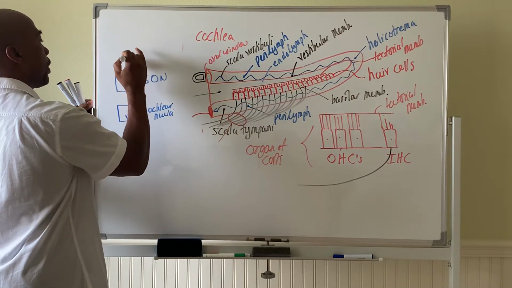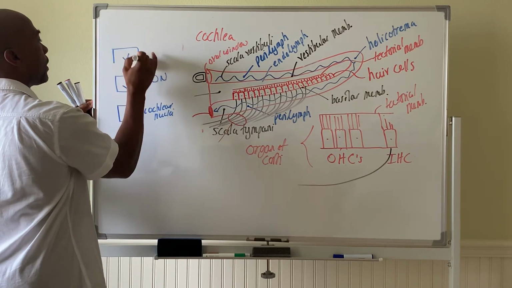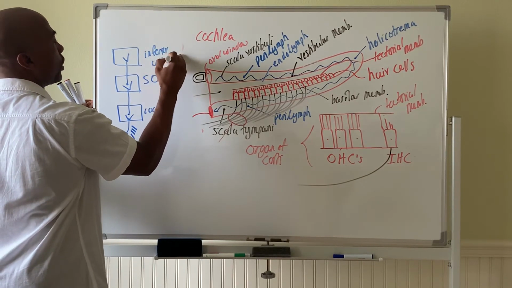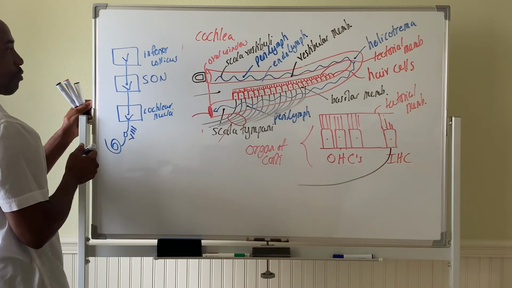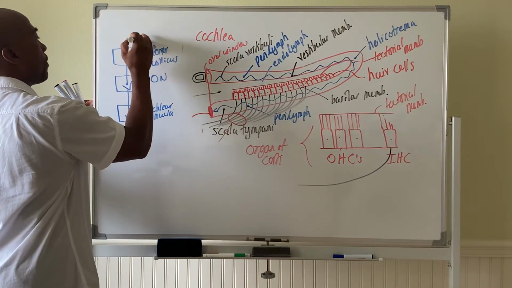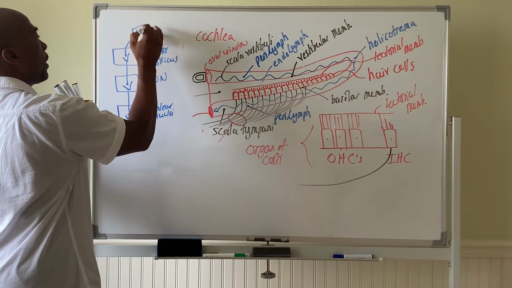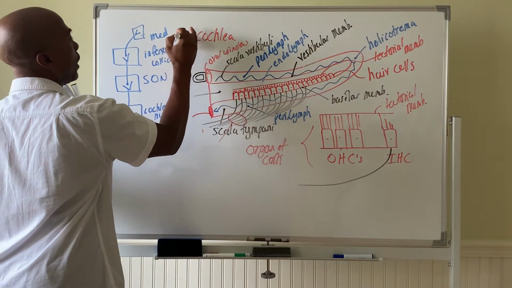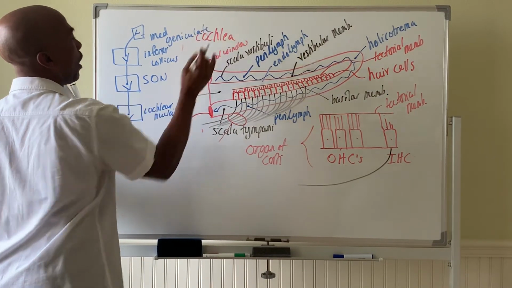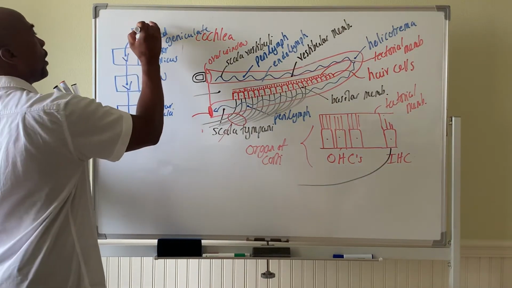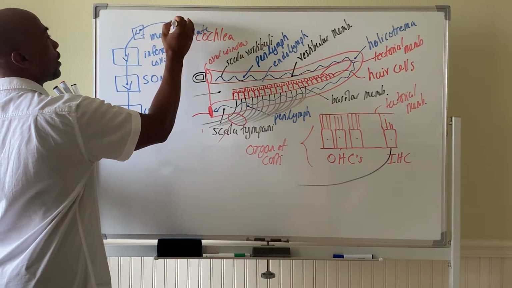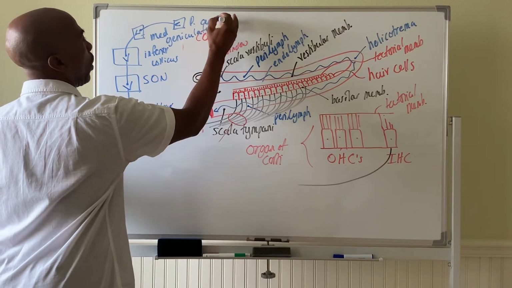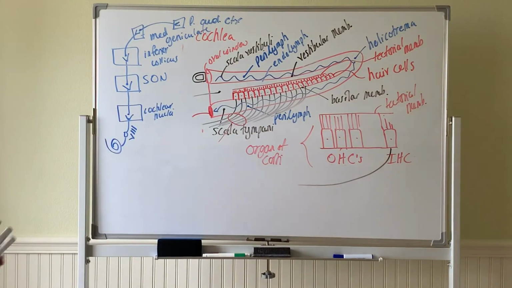And from there, the third neuron goes up and stops in the inferior colliculus of the midbrain. The fourth neuron goes up and stops in the medial geniculate of the thalamus. And then a fifth neuron goes and stops in the primary auditory cortex, which is in the temporal lobe.